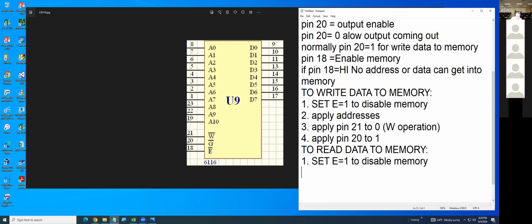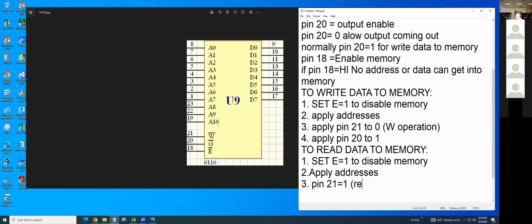And now number 2, apply address. Number 3, pin 21 equal 1.